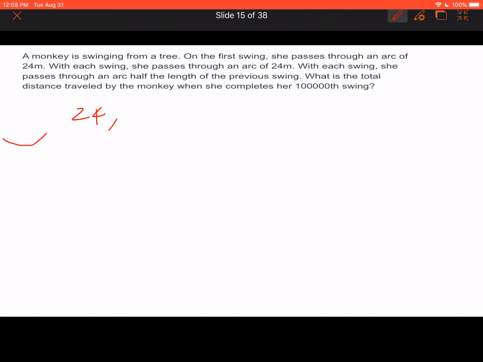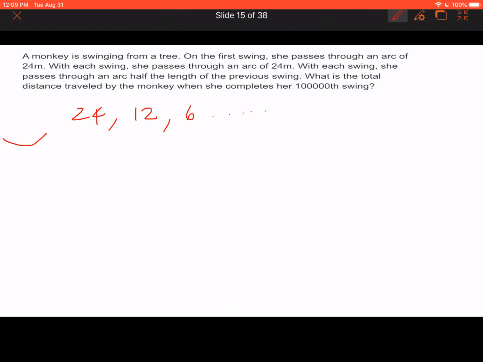So in the second swing, it's going to be half the value of the first swing, that is 12. In the third swing, it's going to be half the value of the second, that is 6. And it's going to go on like this. Okay, so it's going to be 24, 12 and 6.